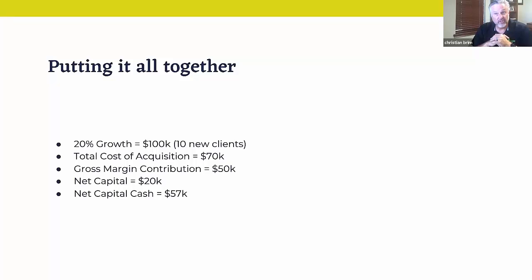Well, 50,000 in this case, 50%. So if we take the 70,000 cost of acquisition and the $50,000 that they're going to pay us in gross margin contribution for the year, that says we're going to need $20,000 to fund that growth that year. So if you don't have the capital, you're going to have to figure out, do I borrow it? Do I bring in partners, etc.